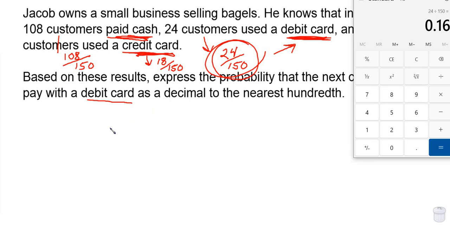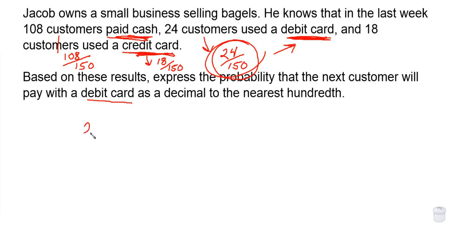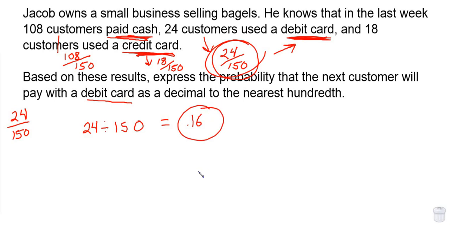That's the fraction 24 out of the 150. So 24 divided by 150 is going to give us 0.16, and that's our answer. That is the probability that the next customer is going to pay with a debit card.